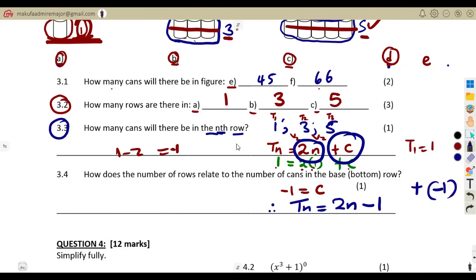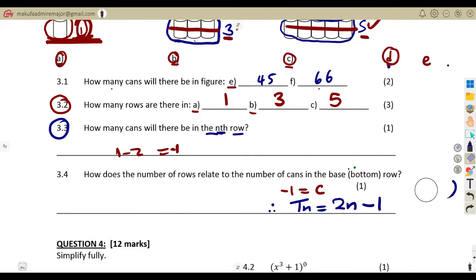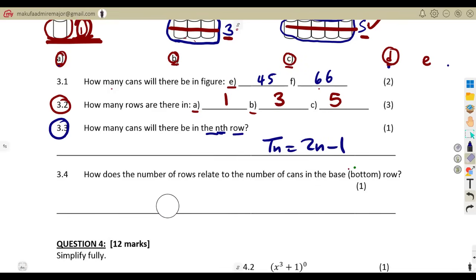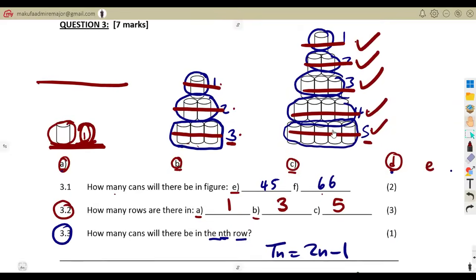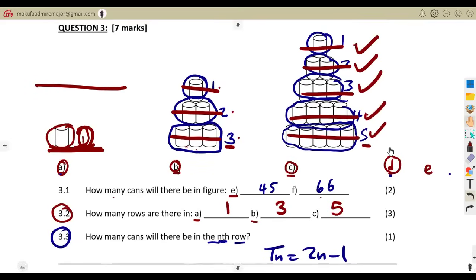So this is the Tn that they want you to write for this nth row. So Tn is equal to 2n minus 1. It can be used to simplify anything that we have on the rows, the numbers that we have on the row, or the numbers that we have on the base.